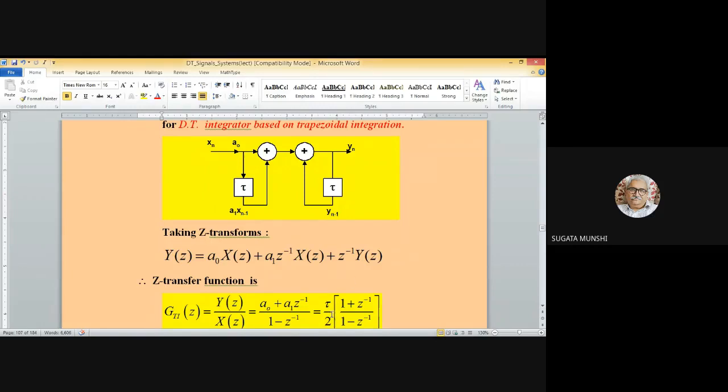So that is the expression for the transfer function of the trapezoidal integrator: tau by 2 times 1 plus z to the power minus 1 divided by 1 minus z to the power minus 1.